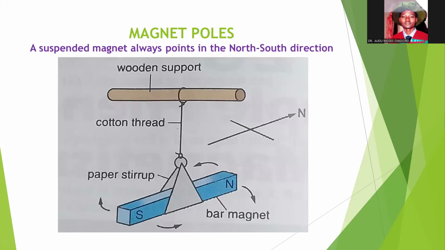When a bar magnet is suspended with a thread, it normally points in a north-south direction, showing that we have two poles, the south pole and the north pole. In the course of this video, we will explain why a suspended bar magnet normally points in the north-south direction.